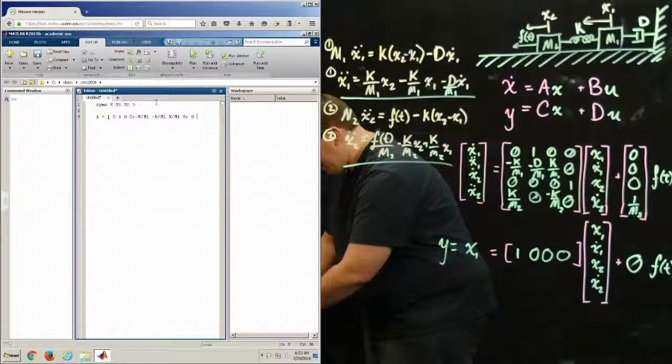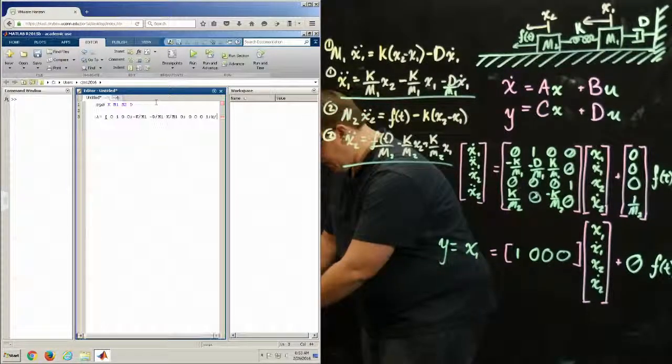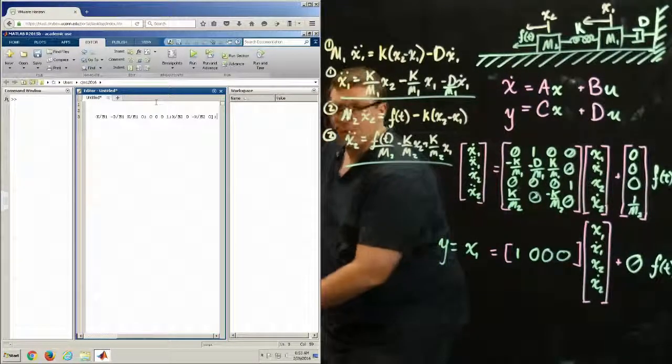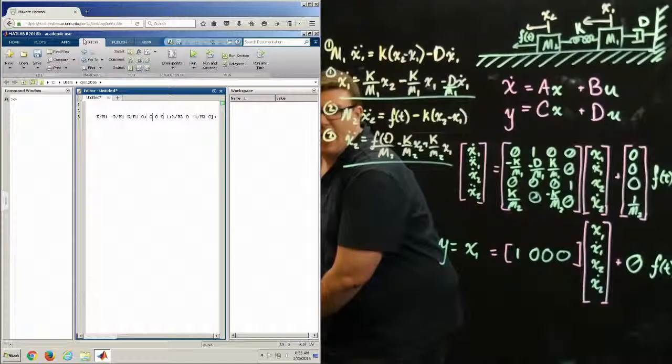Then we have 0, 0, 0, 1. And then K divided by m2, 0, negative K divided by m2, and then another 0. Then we close this off and suppress the output. So this is our A matrix.